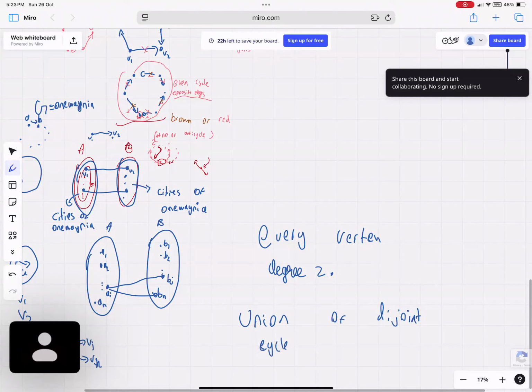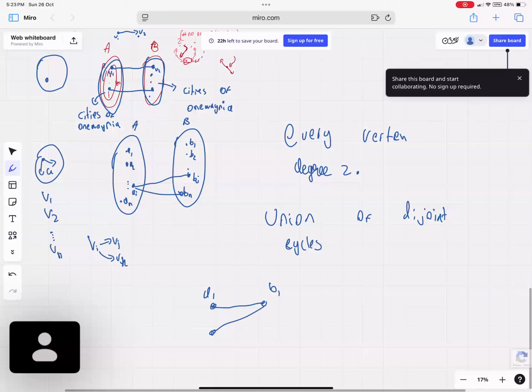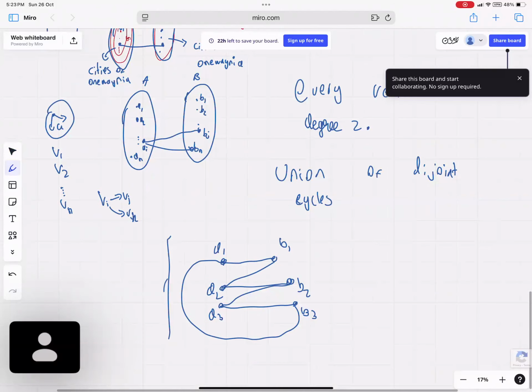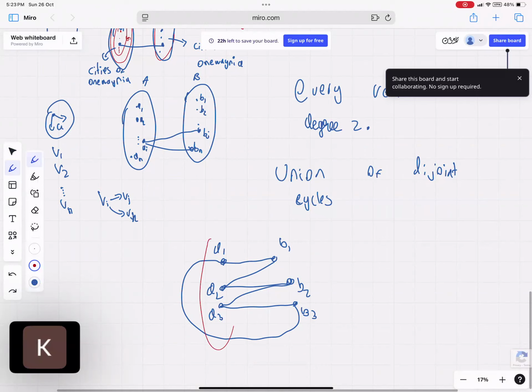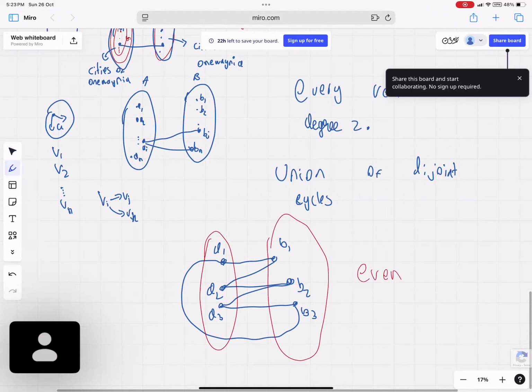Now say we have some cycle in our graph: A1 points to B1, A2, B2, A3, B3, and then back to A1. And since the graph is bipartite, each cycle has to be even. Say we have this even cycle.